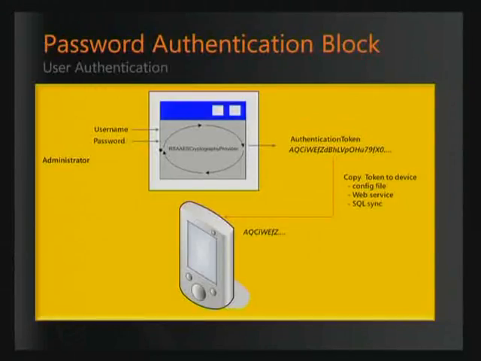Now, the wonderful thing is that on your device, you have a login screen. The user puts their username and password in. You run the same bit of RSA AES cryptography, but using that token as an input, and the classes in the password authentication block can tell you whether the token is compatible with the username and password that they have put in.